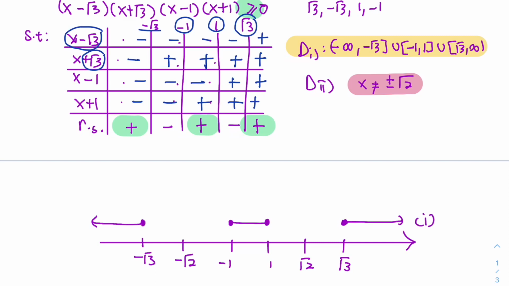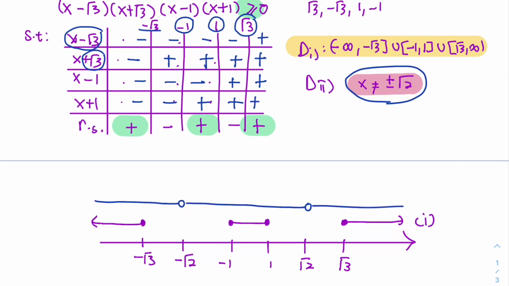Then the second part, x cannot be equal to plus or minus square root 2, which means a hole at the two points, and the rest is defined. So this is part 2. The intersection is the part where you have both, as I draw it this way.